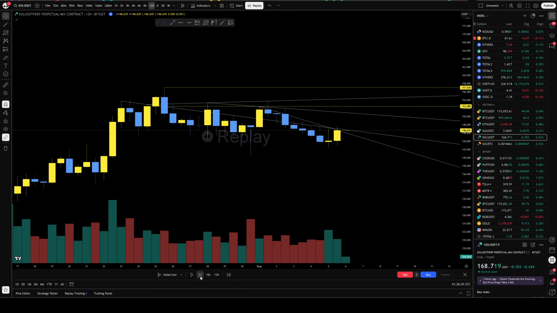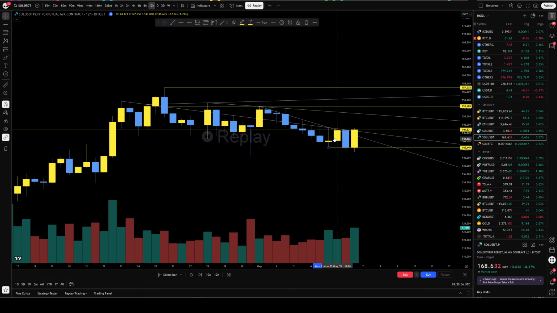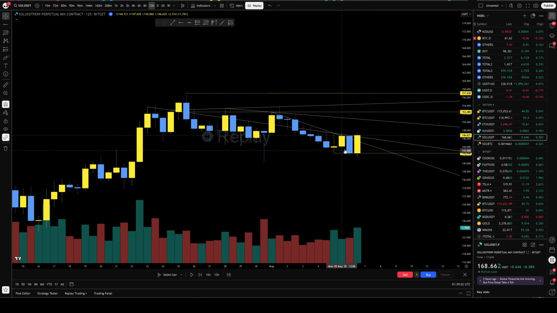So it's getting close. Rejects off the range trend. Goes back up. So this is a dive of the normal trend down to the break level of the accumulation range to go back up to the trend, which is another type of trade that I'll do some videos on one day.